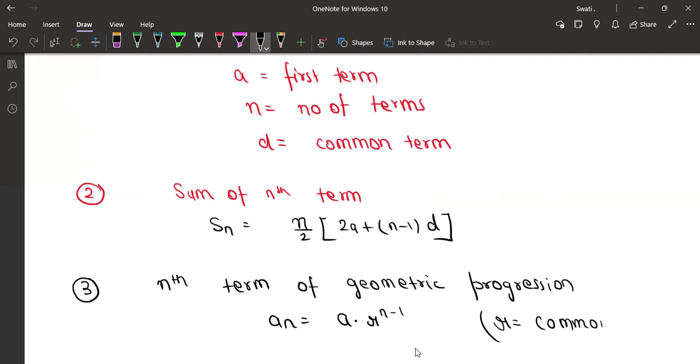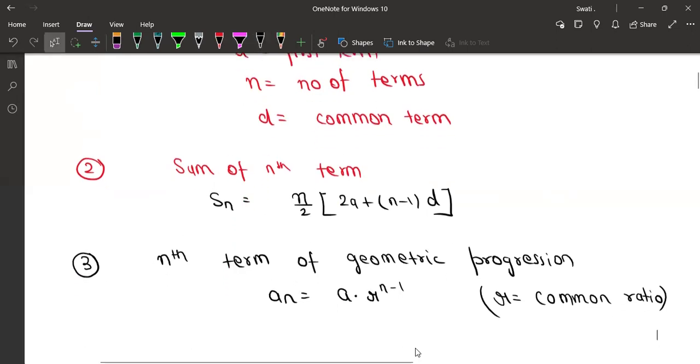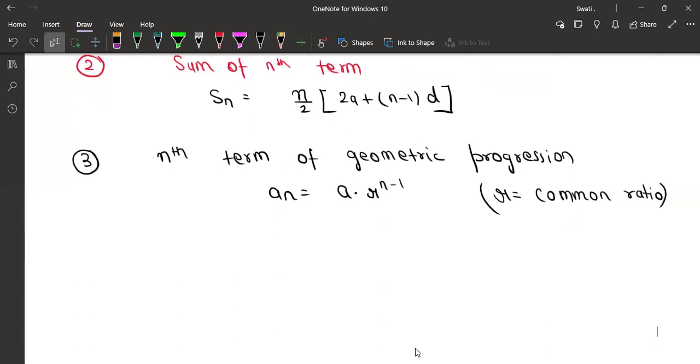How exactly do we find the common ratio? Unlike the common difference, where we did second term minus first term, it becomes second term divided by the first term, or third term divided by the second term, like that.